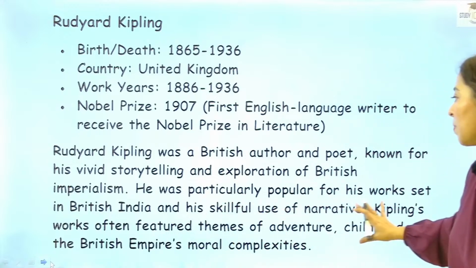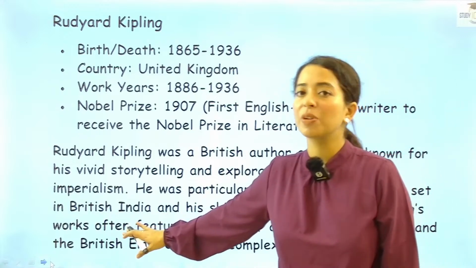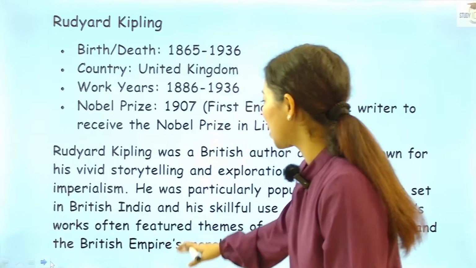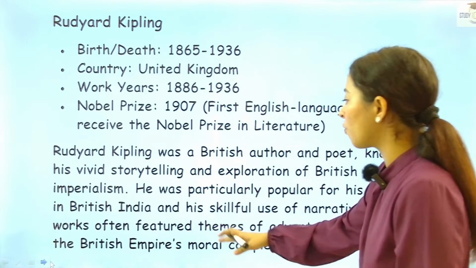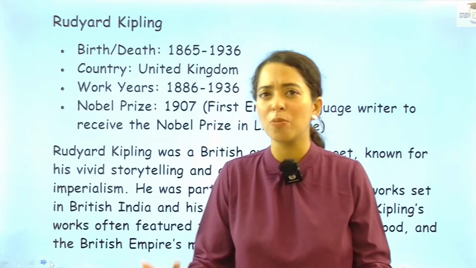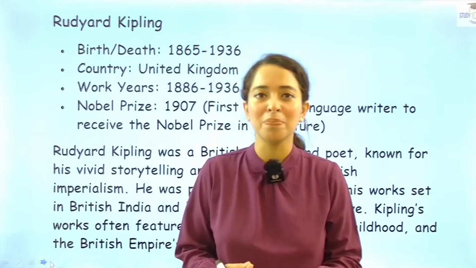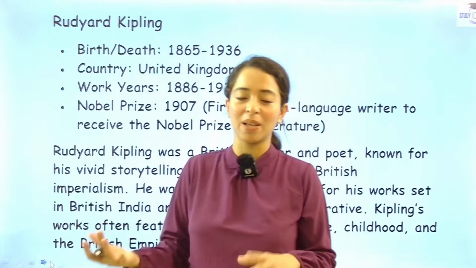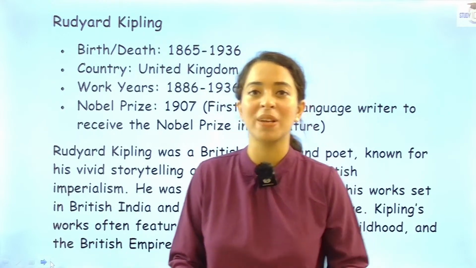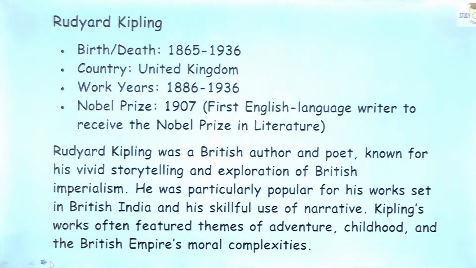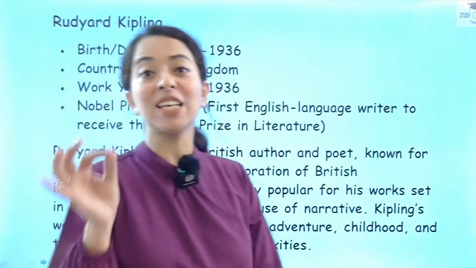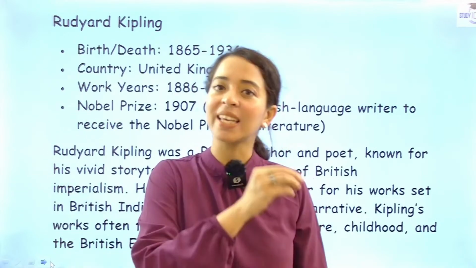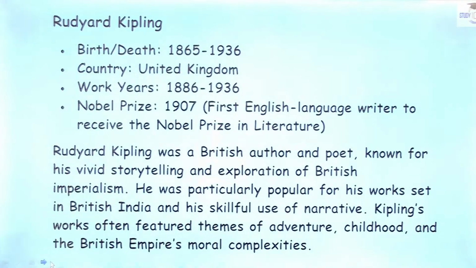He was particularly popular for his work set in British India. If we talk about British India, Rudyard Kipling automatically becomes very important for our exam. With his skillful use of narrative, Kipling's works often feature themes of adventure and childhood. Does anyone remember The Jungle Book? Mowgli, the song 'Jungle Jungle baat chali hai'. This song is from The Jungle Book, which was written by Rudyard Kipling. Mowgli is still relevant today, movies are still made, and children still love it. But let me tell you, he was a very strong imperialist. He was completely against India getting freedom and in favour of imperialism here, meaning colonization should continue.